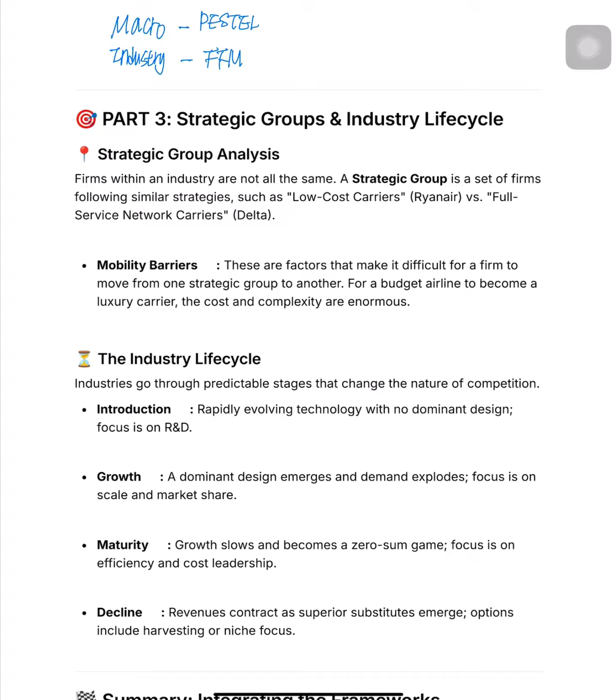They target different customer segments. They operate at different price points. They use different technologies and business models. They have a different geographic scope. They invest at different levels in R&D, branding, and service. So strategic group analysis acknowledges this heterogeneity by grouping firms that compete on similar strategic dimensions.